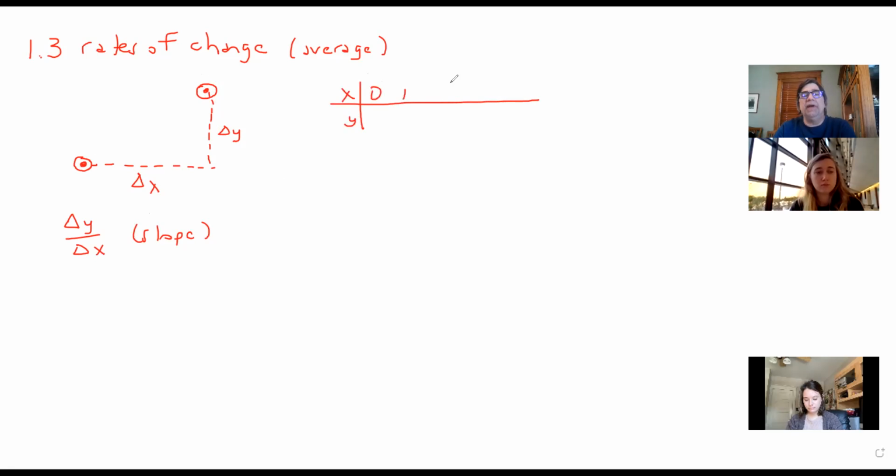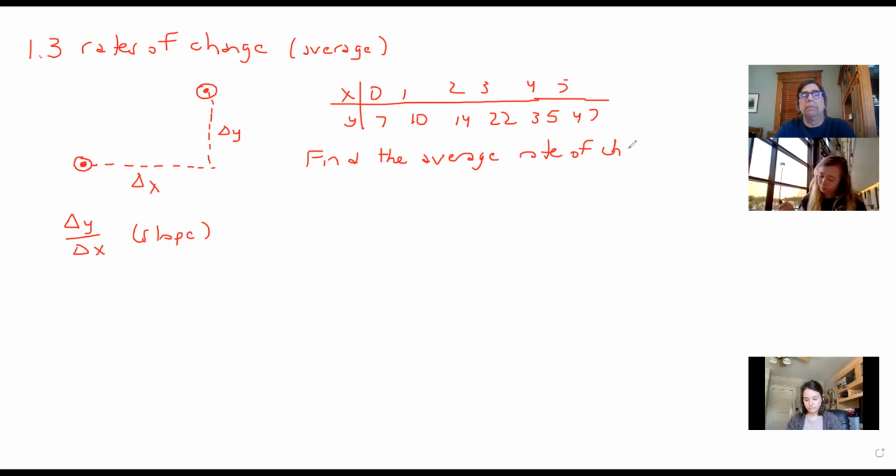So if I give you this table of values of a function, you say, boy, those outputs are getting pretty big. But if I were to ask you for the average rate of change, I would never just stop there, because you can't just say, what's the average rate of change? Unless the graph is a line where it's always the same, you need a starting point, you need an ending point.